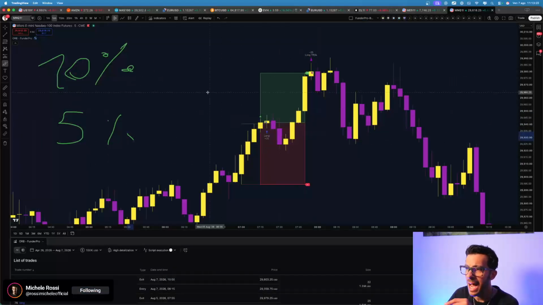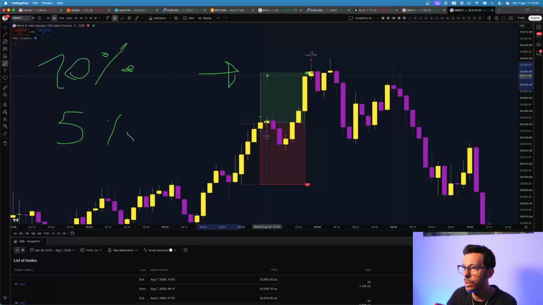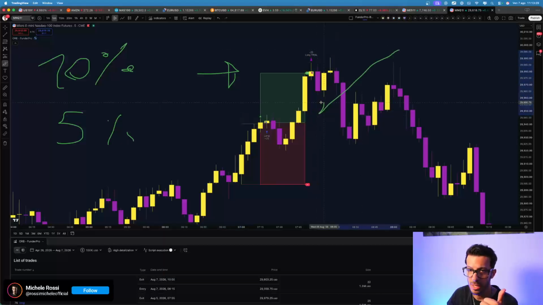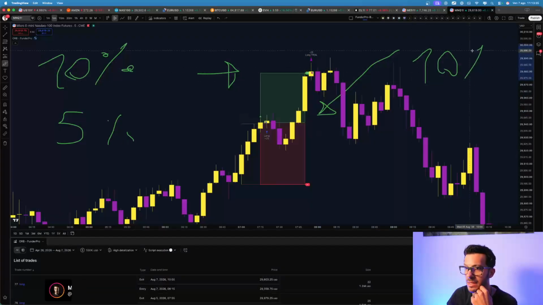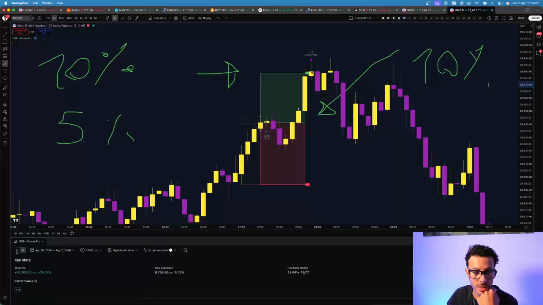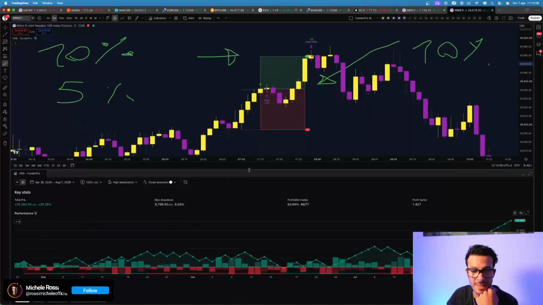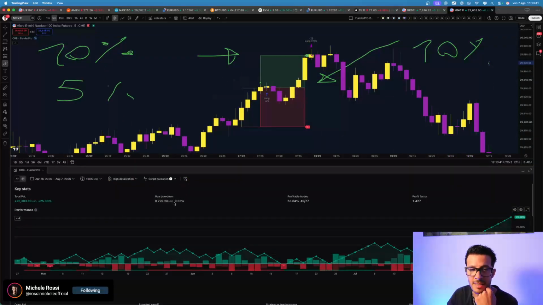At the same time, I cannot exceed the daily or overall drawdown limits. For the daily, I'm good because I'm only taking 1 trade per day, but I should not go below the 10% maximum drawdown. And what our backtest is saying is that we have a 9% drawdown, right?